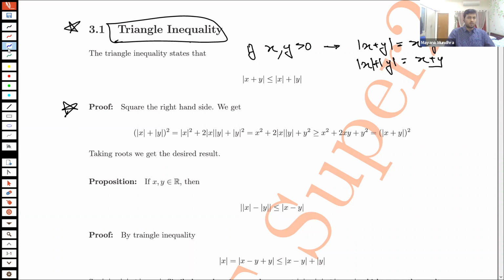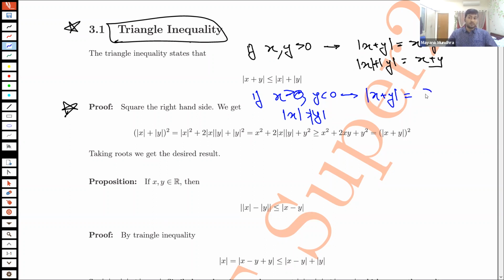But if x is positive and y is negative, and let's say x is larger in magnitude, so mod x is greater than mod y, for the sake of argument, then we get mod of x plus y. Now x is positive and y is negative, and mod x is greater than mod y.